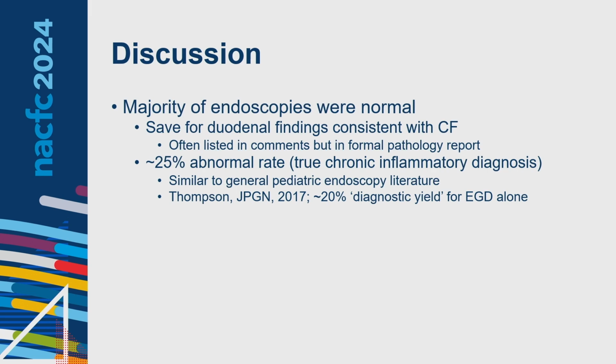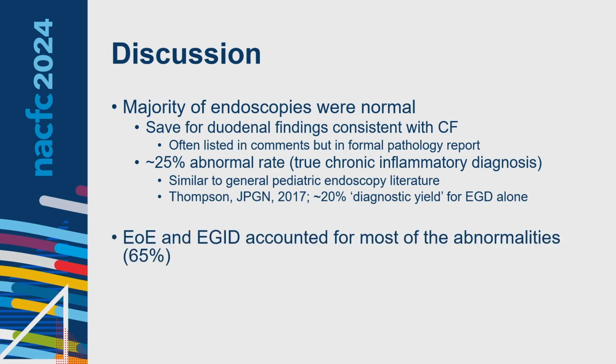A study from Dr. Thompson a few years ago showed that there's only about a 20% diagnostic yield, meaning key treatment-changing diagnoses in about 1 in 5 pediatric patients that underwent an EGD. Certainly for us, EOE and EGID were most of the abnormalities, and celiac was notably less than EOE, even though people tend to think of that as a more common disease.